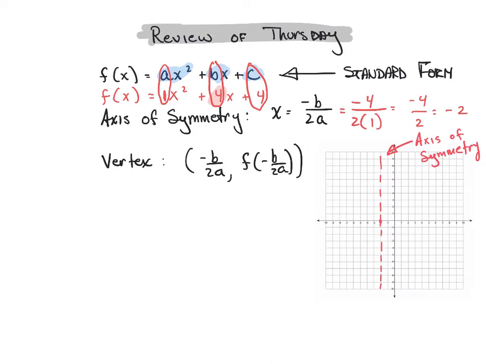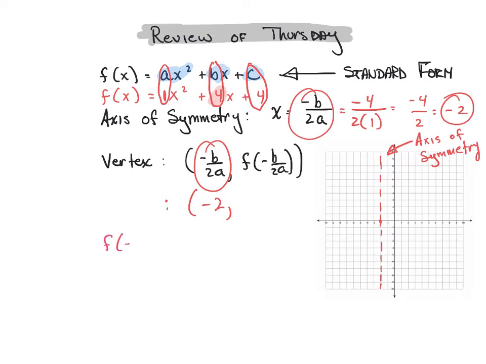And the vertex is always located at negative b over 2a, but we just calculated that. It's negative 2. We just have to find out what the value of the function is when x is negative 2. And all that means is to go to this function up here and put in a negative 2 for x. Just substitution. So it looks like this.